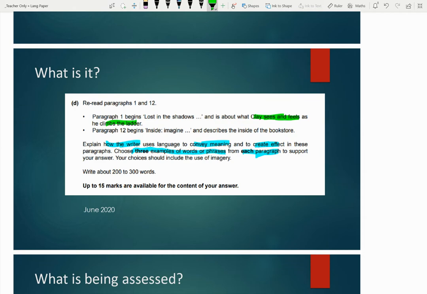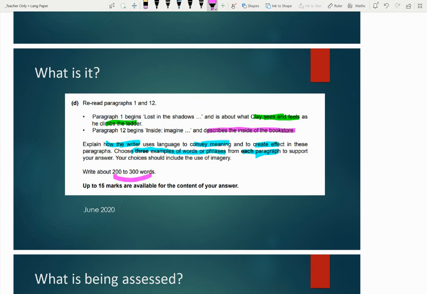So that's all you should be writing about. Then in that second bullet point, the focus has changed, and now you should be examining and exploring how the inside of the bookstore is presented to the reader through the language choices made by the writer.